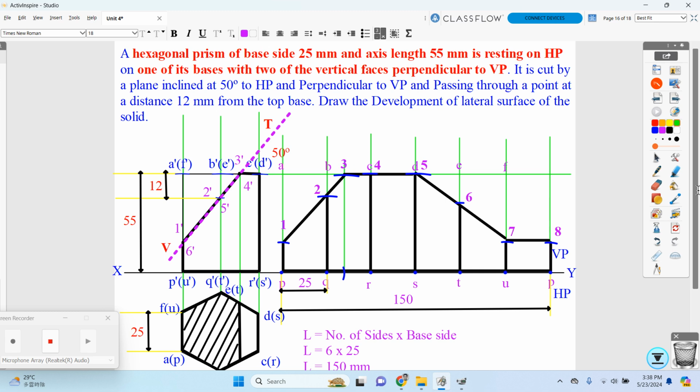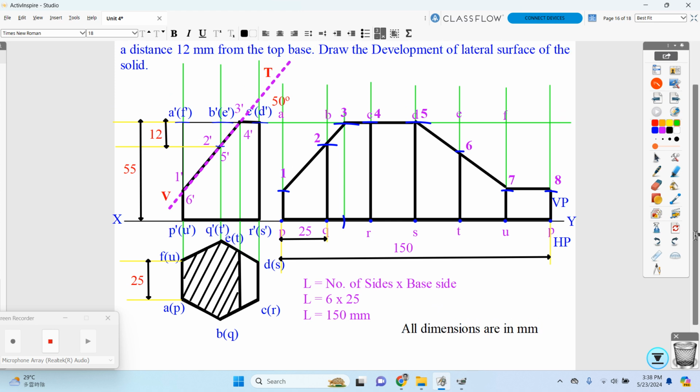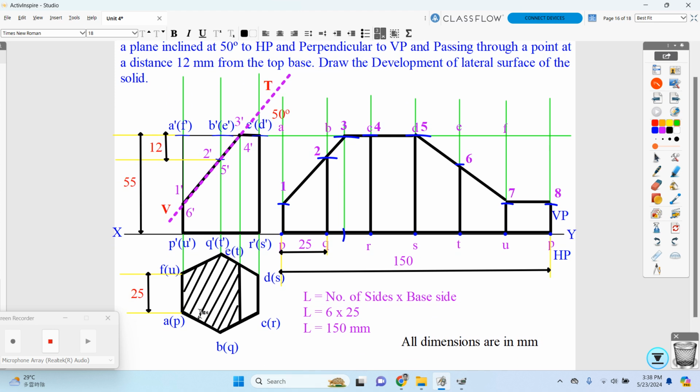After completing this drawing, you want to mention that all dimensions are in mm. Okay, all dimensions are in mm. Then, like our previous section on solids where we mentioned the views we developed, similarly you want to mention over here the true conditions, that means the views you have developed.